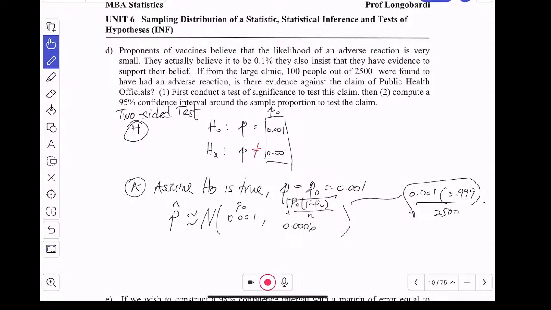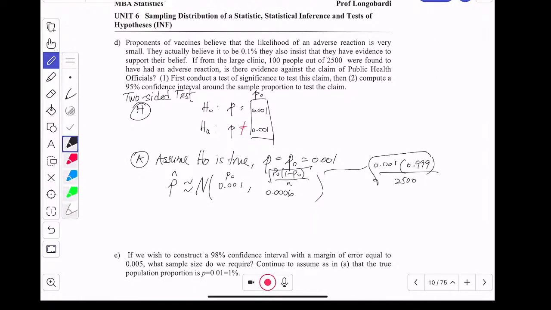And next, that's the assume step. Next, you assess. Oh, I'm running out of space, so I will move that other question. So A is assess the evidence. What's the evidence?